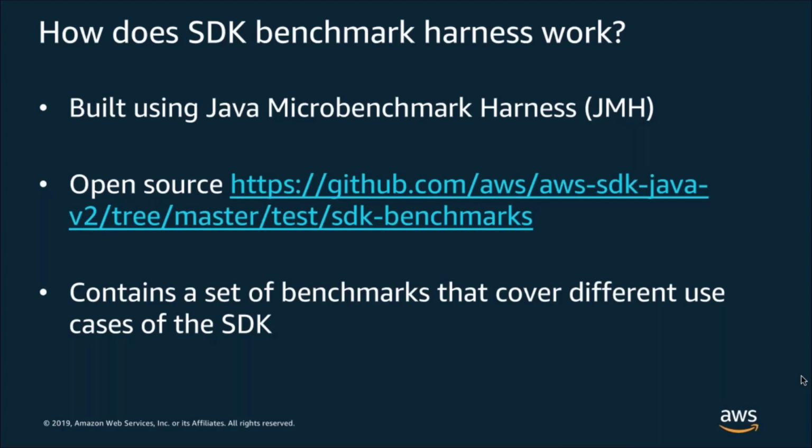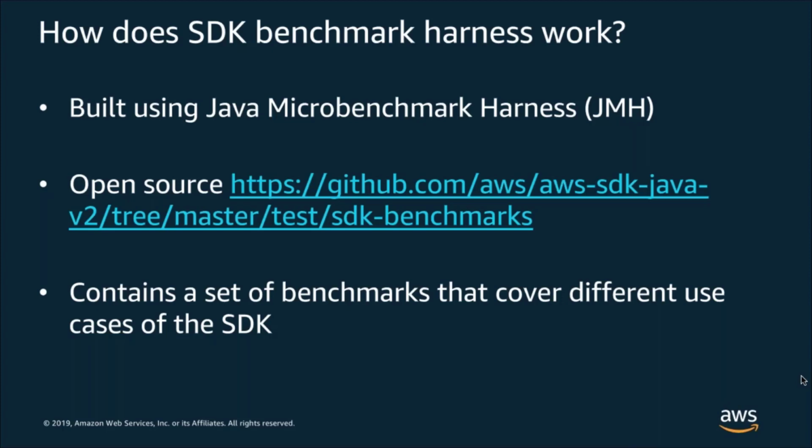JMH takes care of JVM warm-up and code optimization and provides relatively reliable data. Our benchmark code is also open sourced. It's in the same repo as the AWS Java SDK v2, and the module name is sdk-benchmarks, so you can go there and check it out.